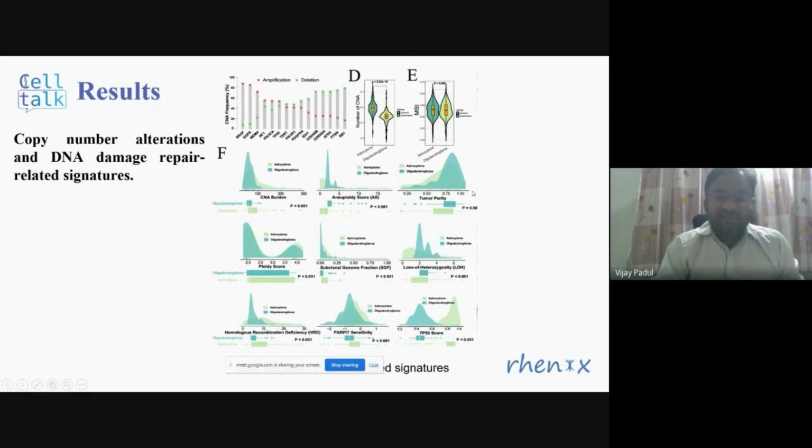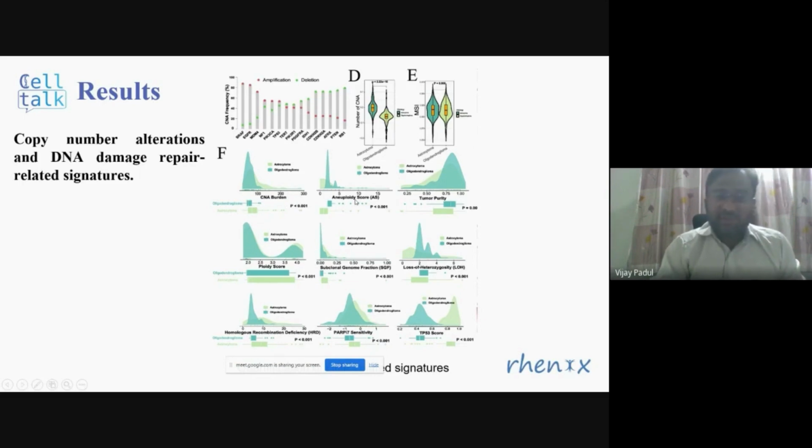Then here they represent the status of different molecular alterations with respect to histological astrocytoma and oligodendroglioma. Here the copy number alteration burden was found to be more in astrocytoma as compared to oligodendroglioma, and this upper panel shows its actual distribution, and here it shows the statistical analysis which shows us the summary of how this entire glioma panel is having that particular status.